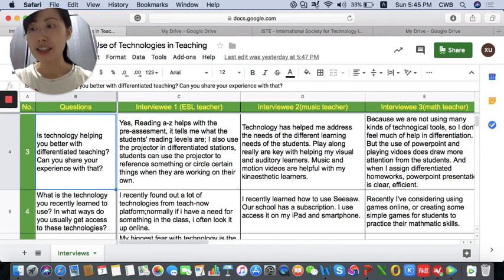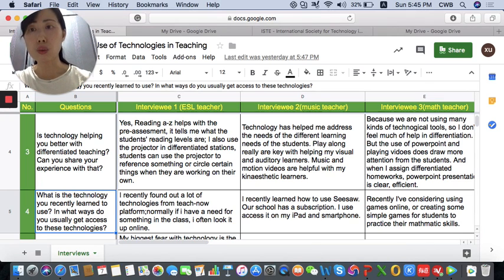The difficulty is how they can get access to these up-to-date technologies, which leads right to my 4th question. If there is no specific training or sharing platform for this, we could only randomly search online when we need something for class, which is inefficient and not goal-oriented.